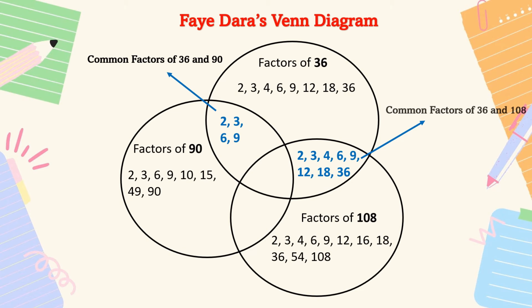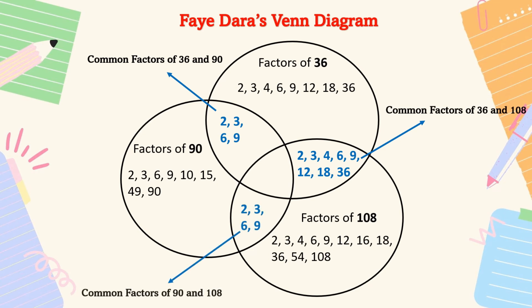Now look at the factors of 90 and 108. What are their common factors? That's correct. They have 2, 3, 6, and 9 as common factors. And we will write it on the space where the second circle and the third circle are connected.